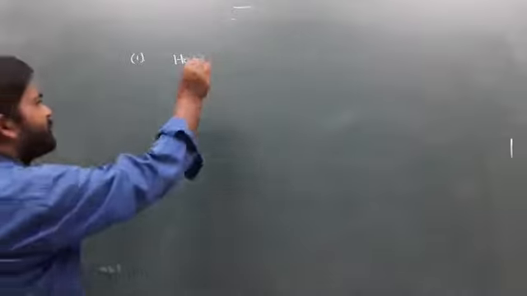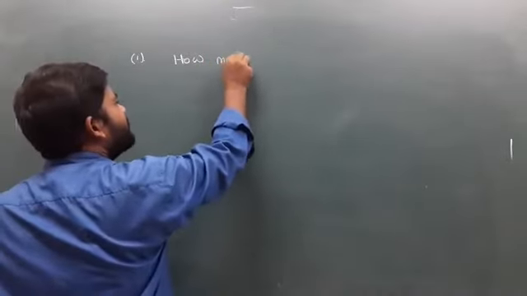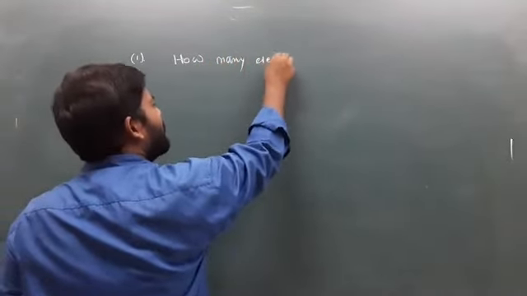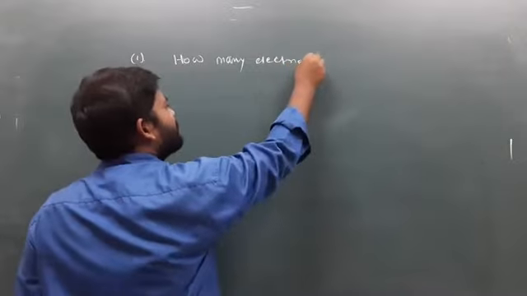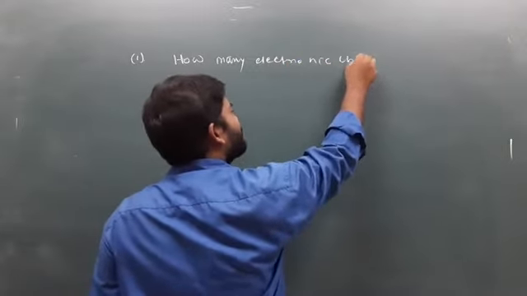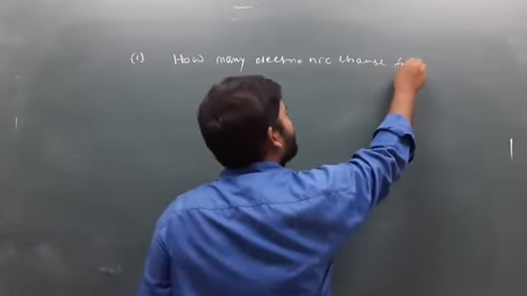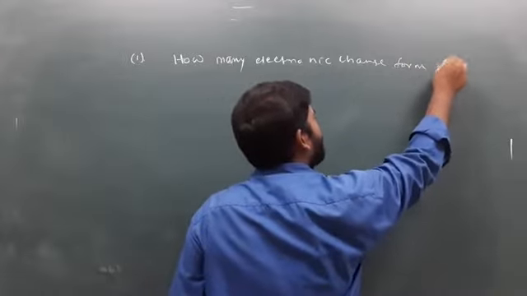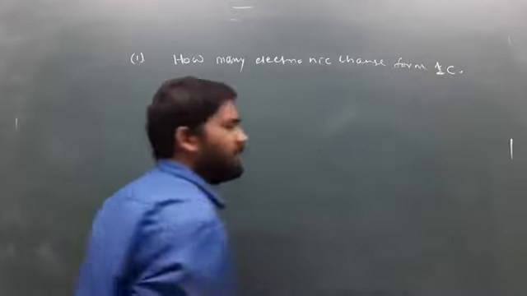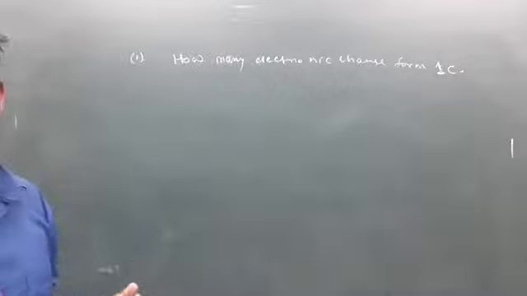How many electronic charges form 1 coulomb? That means the total charge is given.